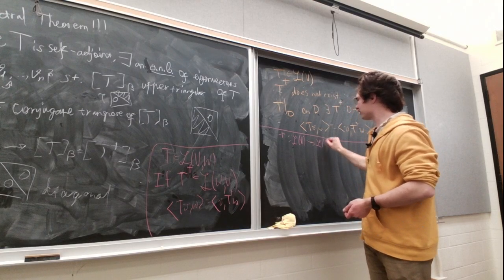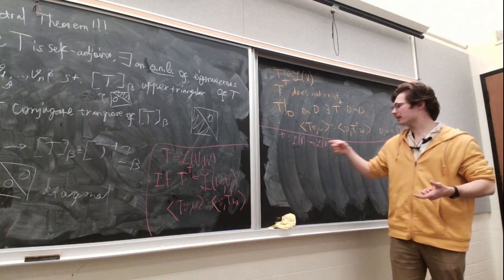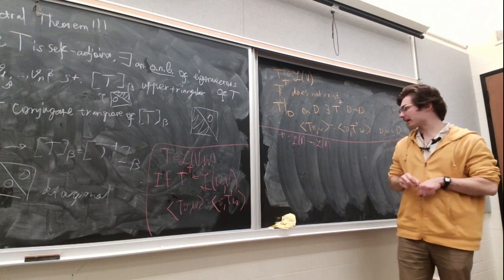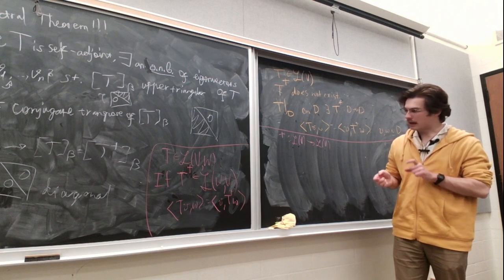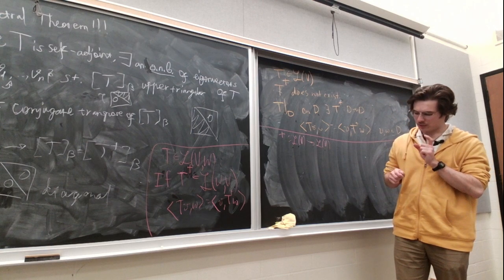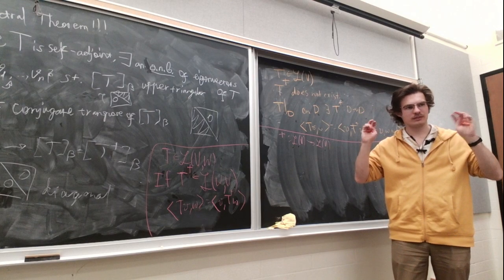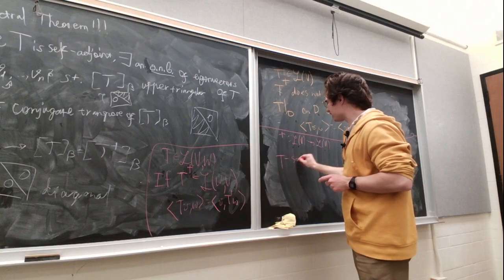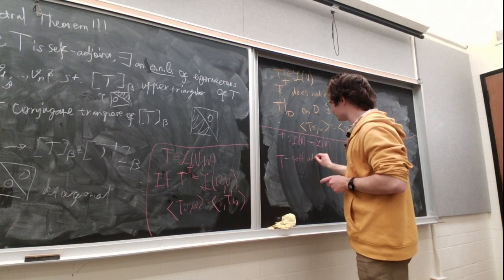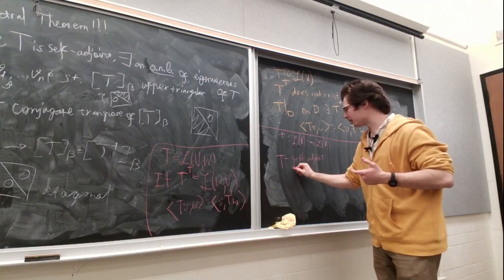If I take a dagger of an operator, it gives me back another linear operator. Very good. And we realized that this is kind of like complex conjugation, roughly. And then we realized that if T is self-adjoint, it is kind of like a real number.